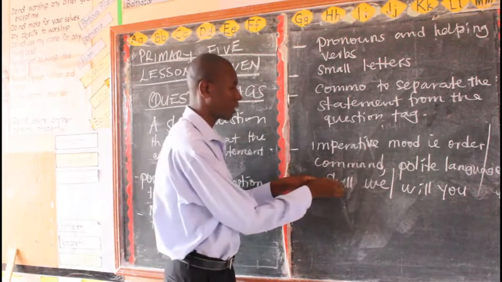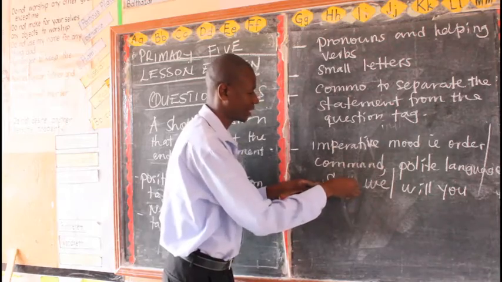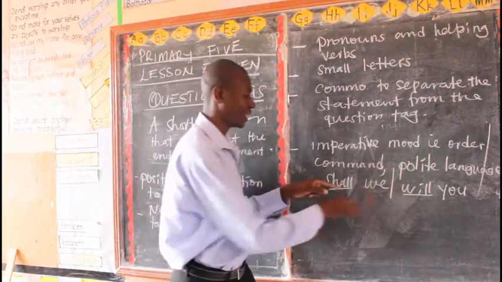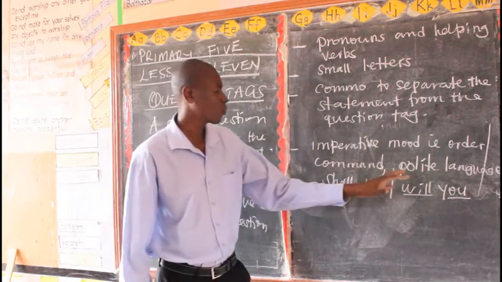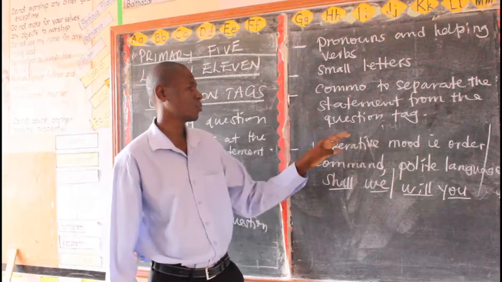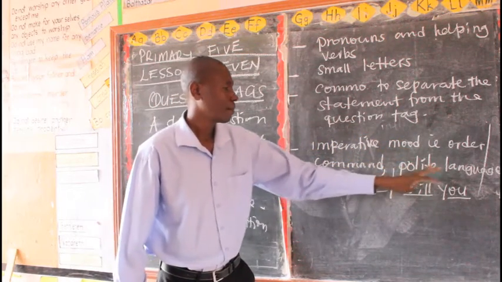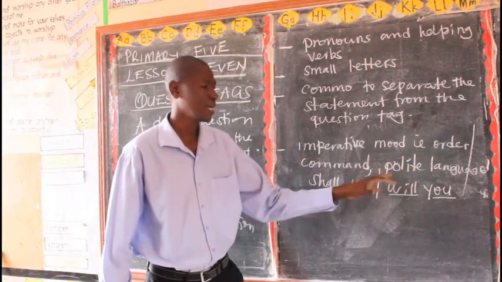These are the two helping verbs, shall and will, and the two pronouns, we and you. Those are the only tags we can use for imperative and polite statements.